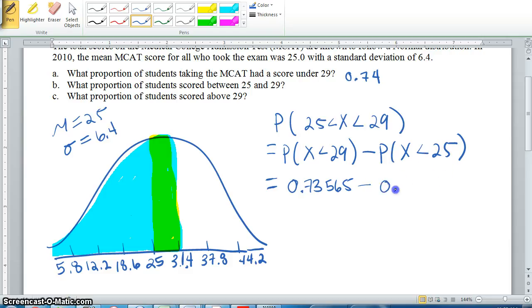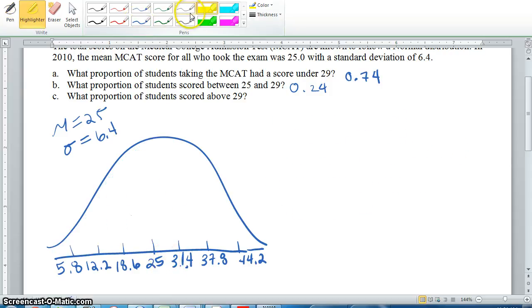So this is 0.50. To get the area that falls between, we simply subtract these and we get a value of 0.23565, or in other words, about 0.24. So about 24% of the students scored between 25 and 29.